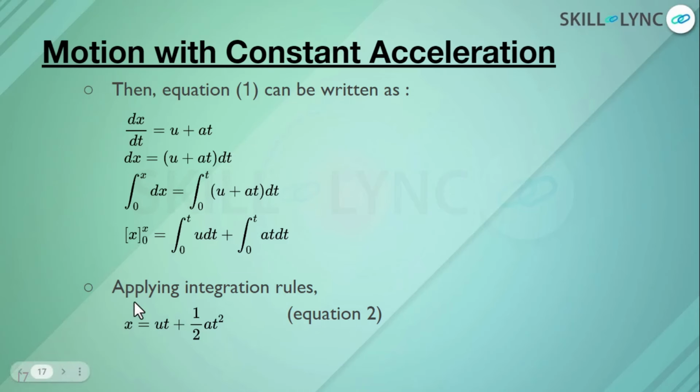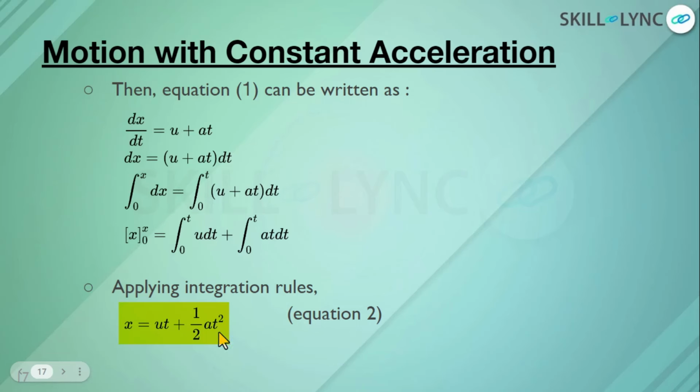Thus, applying integration rules here, we can summarize this equation as x is equal to ut plus half at square, where x, u, t, a have their usual meanings: x is displacement, u is initial velocity of the object, t is the time required to achieve the velocity v, or the time required to get into the position x, and a is acceleration of the body.